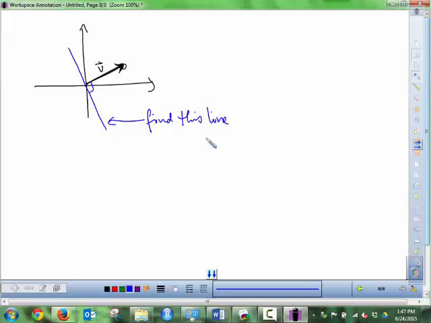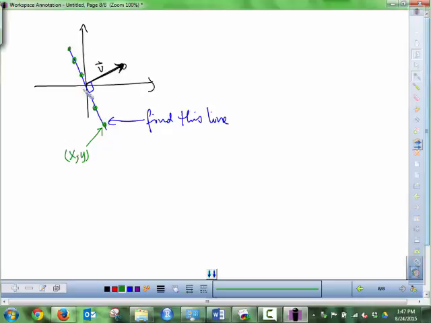Okay, now let's think like mathematicians here. And consider each point on this line as some x and y. So I'm going to randomly pick a point, call it x, y. And when I randomly pick a point, it's an arbitrary point, so that can represent any point on this line. Right?